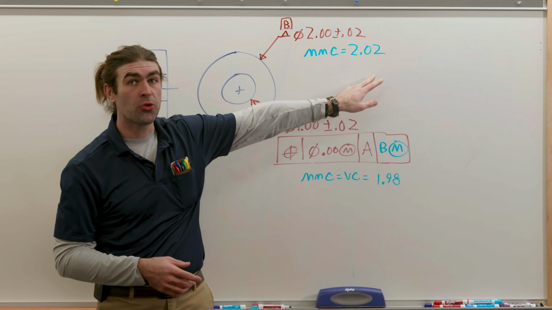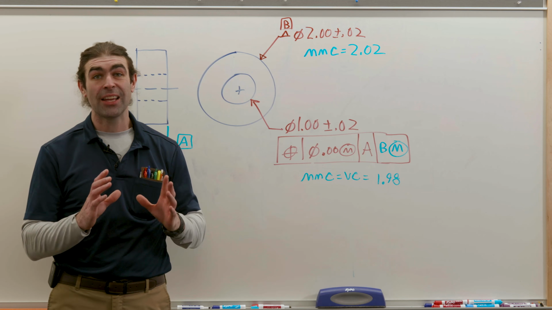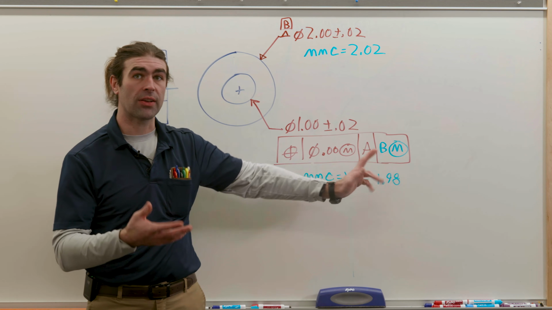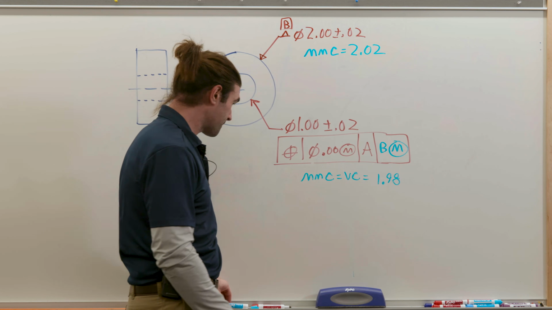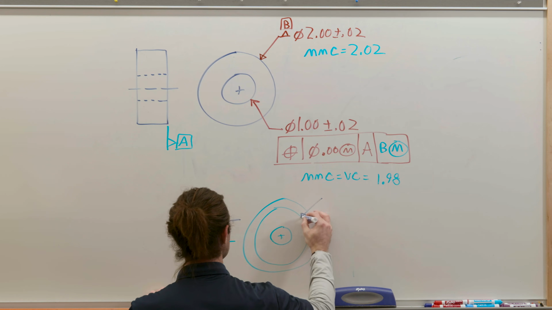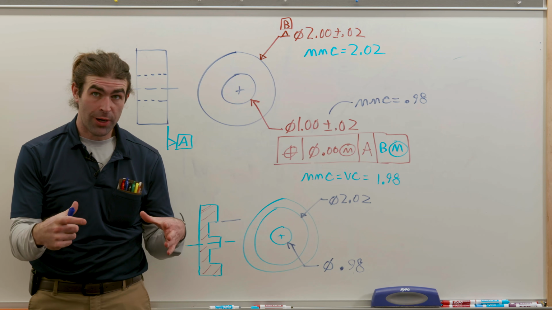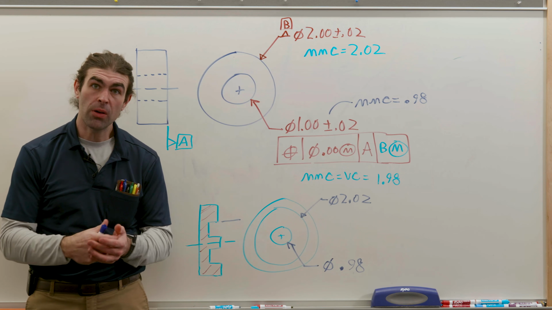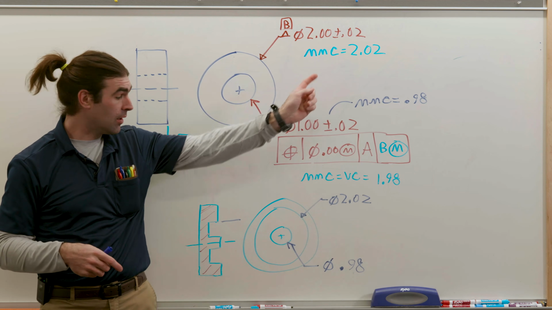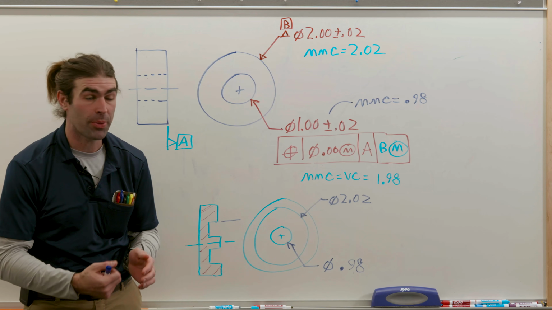So the MMC is 2.02. You can make a gauge for this part and check it that way, right? You're saying the inspection here is fixed. So what would the gauge look like? The gauge would be a ring with a pin in the middle, the ring to simulate datum B at its MMC, so it would be set to 2.02 inches, the maximum material boundary.